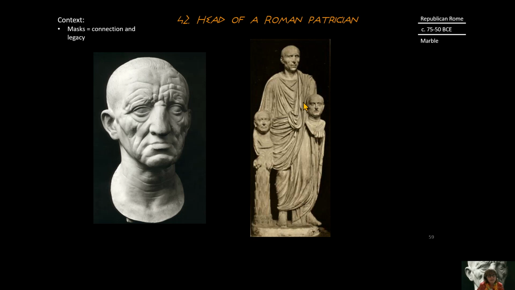And you can see this is a sample of a man who's got a portrait, a mask of his lineage, probably his grandfather and father here. And what he's really advertising is, I come from some seriously good roots, and so I am worthy of your vote and your respect in the Roman society.